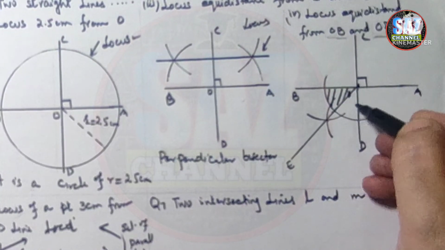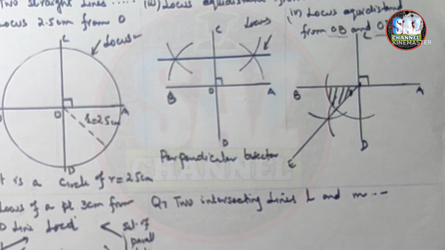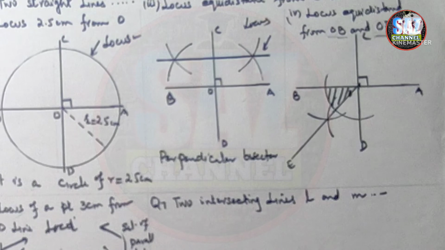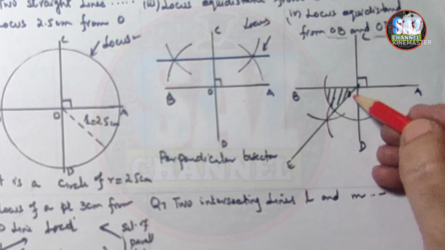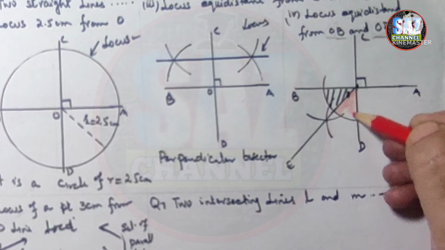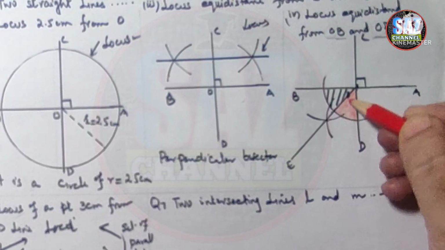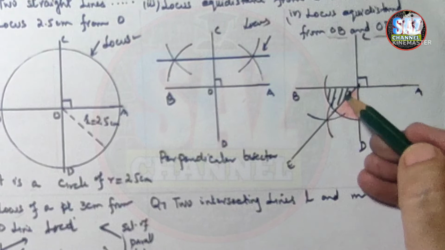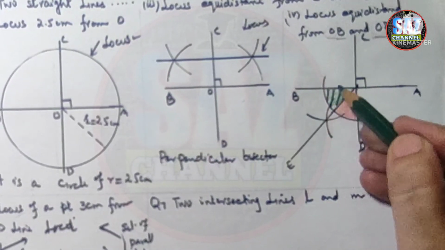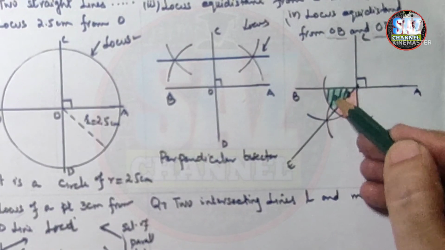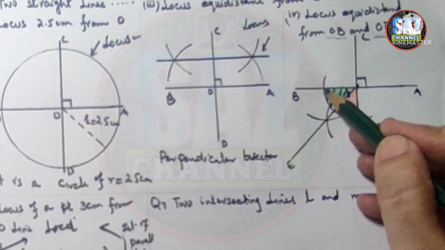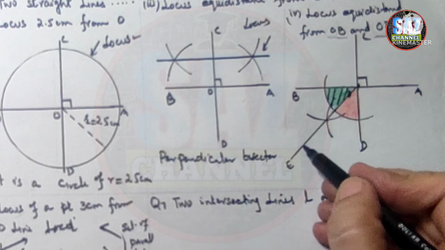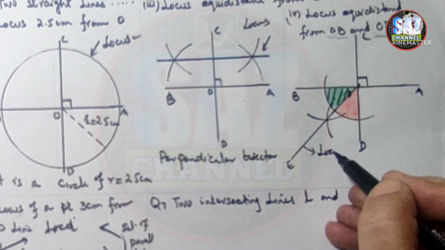Let me color these 2 portions so that my students can understand this easily: due to the angle bisector, this portion of the angle will be equal to this portion of the angle. And this O to E will be the required place where that object can be, and it is the angle bisector.